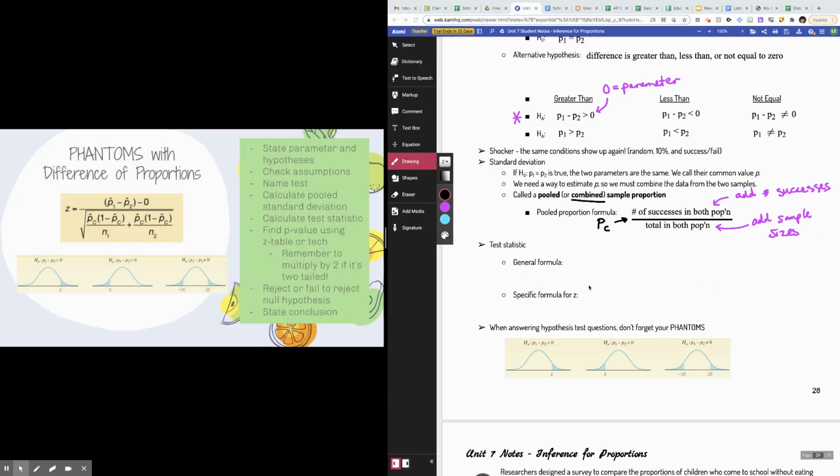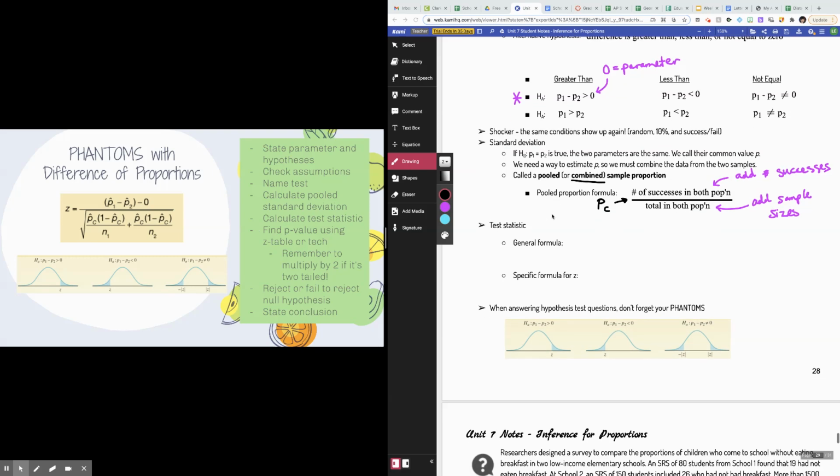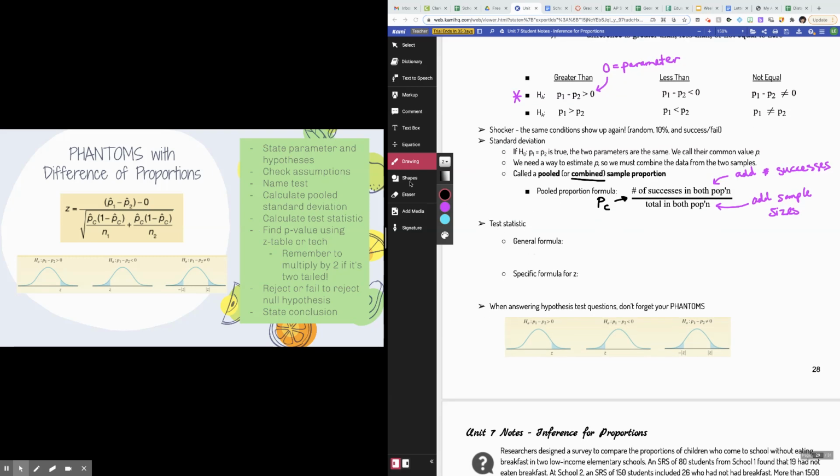So for your test statistic, there's a really complex formula that you see on the left side of the screen, and I'm going to write it for you again on the right side of the screen, but the general format for the test statistic is exactly the same. It's your statistic value minus the parameter value divided by the standard deviation.